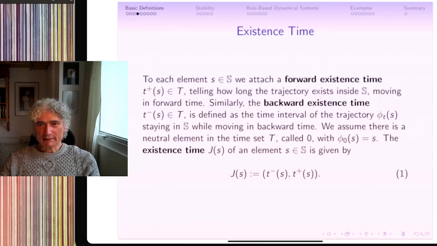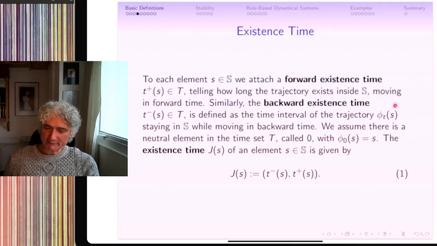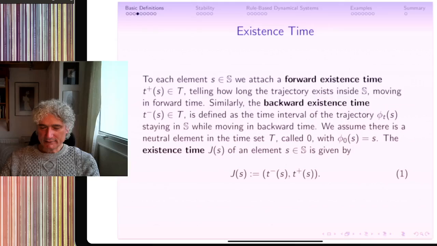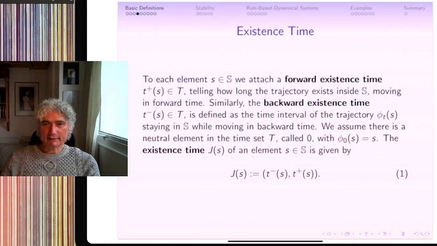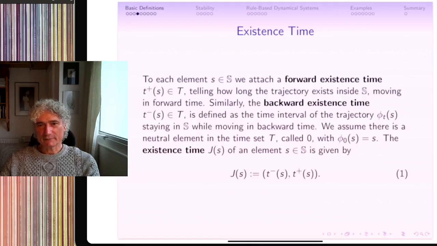Right, now you can define a trajectory a little bit more precisely, because now we can look at the operator phi t of S, and S now will be the initial condition, so we start at S, and now we can move in forward and backward time, and this will exactly define us the trajectory which we have.